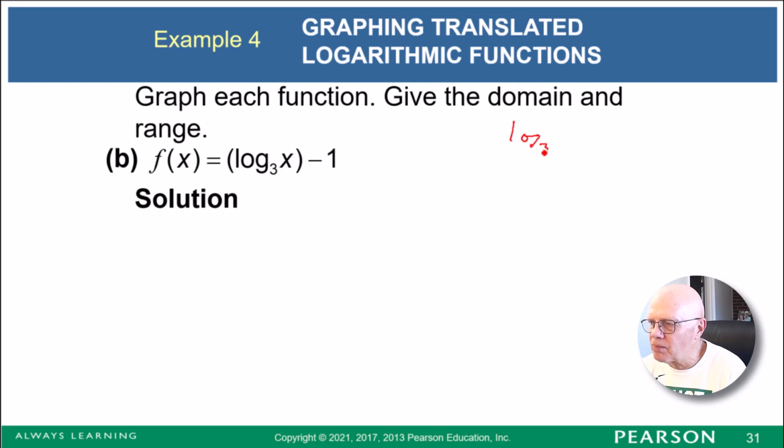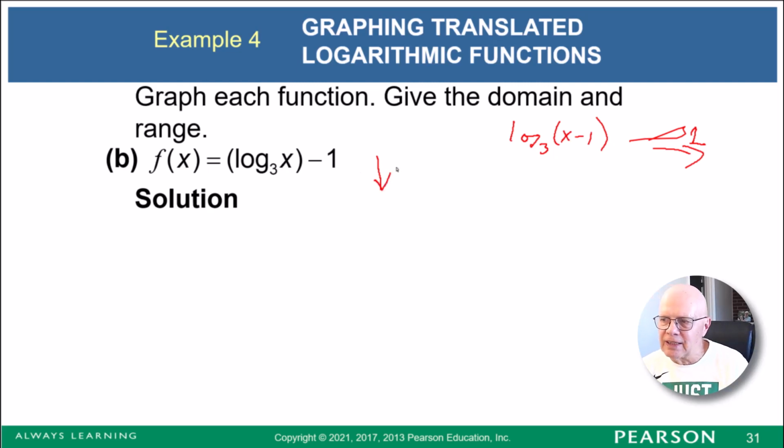So logarithm base 3 of x minus 1, you move the basic function 1 unit to the right. On this one, the 1 is outside, so you're going to move the basic graph of the formula down by 1. Outside, you're going to move it up or down, inside the function, left or right.